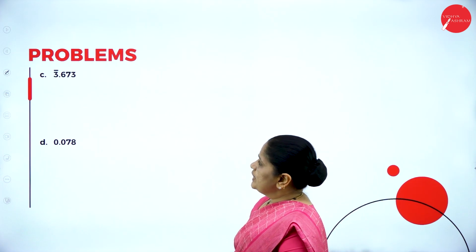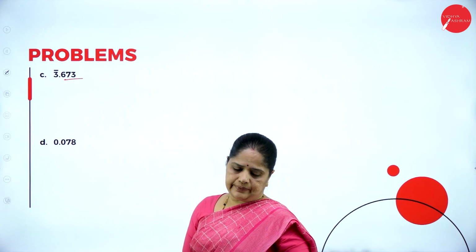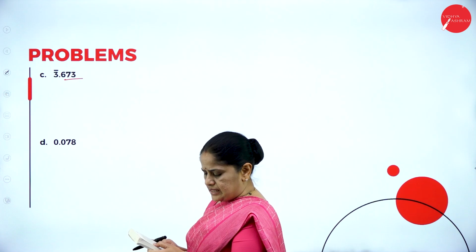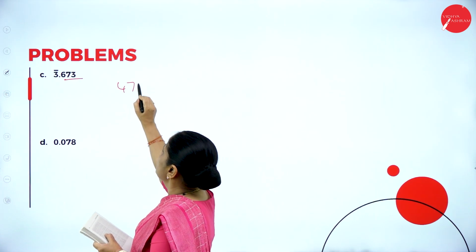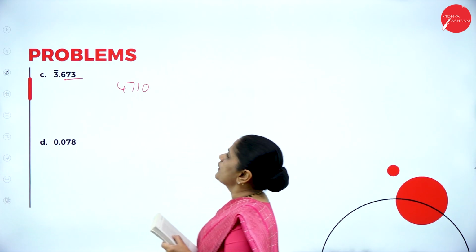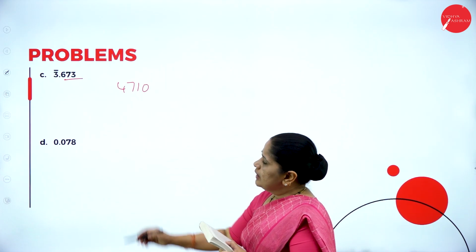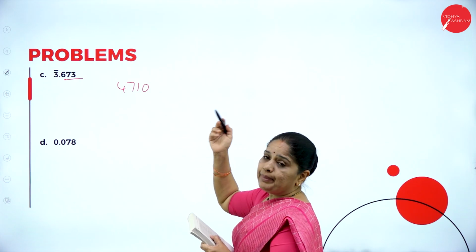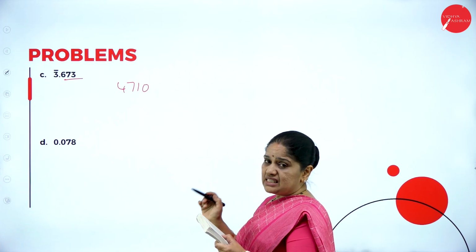The next one is 3 bar 0.673. So we will have to take the value from 0.673. So from 0.673, we got the value as 4710. Now there is 3 bar. 3 bar means minus 3.